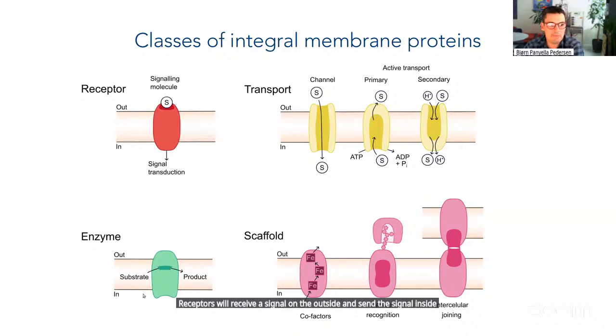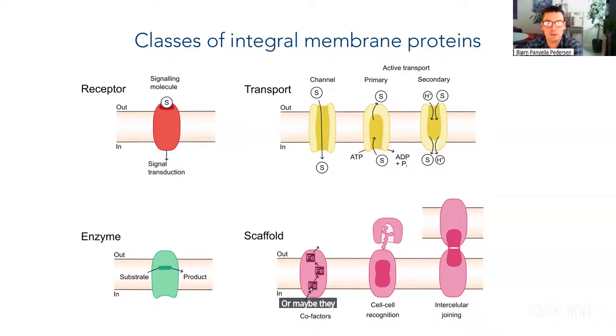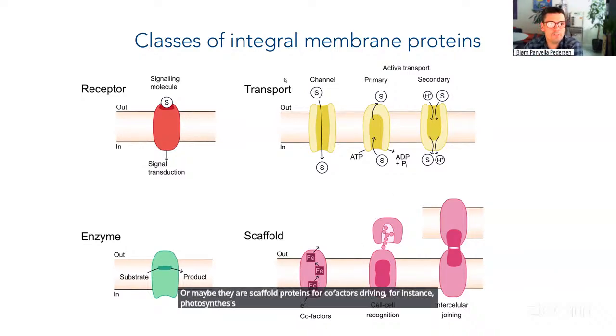You can have enzymes that drive some chemical reaction inside the membrane. You can have scaffold proteins that can function in various ways to link together different cells, or maybe they are scaffold proteins for cofactors driving, for instance, photosynthesis. And then you also have the transporters, the yellow ones, which are the ones that we work on. Here you can distinguish between channels and primary and secondary active transporters.